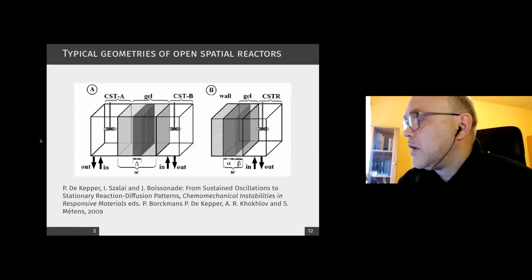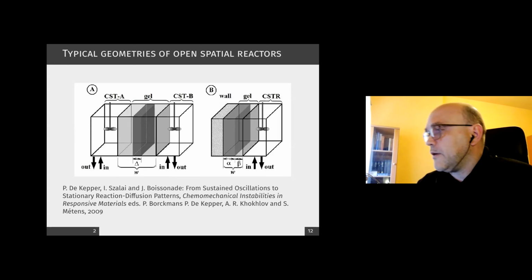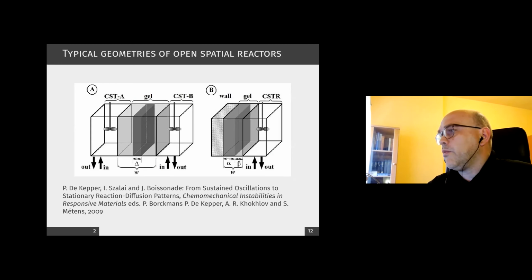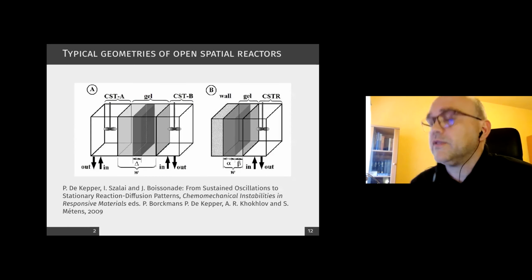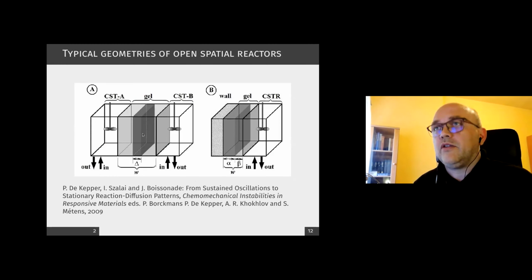So let me remind you of the two most often used reactor configurations in this field. When we do experiments with chemical or sometimes biochemical systems, we like to apply these two configurations. In one case, it is called a two-side fed reactor, and the other one is a one-side fed reactor.